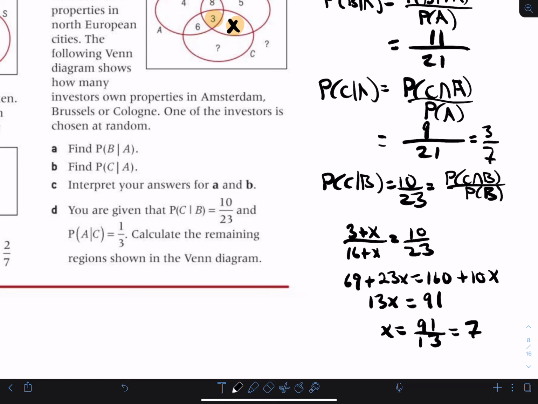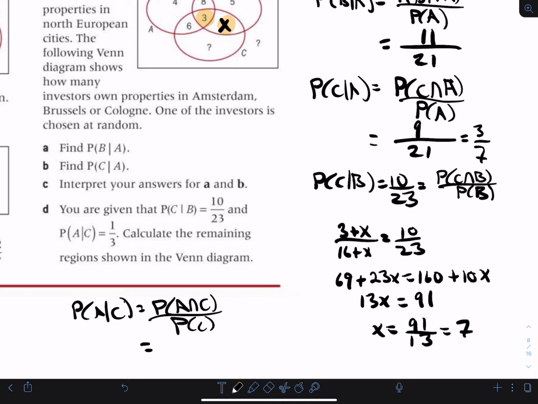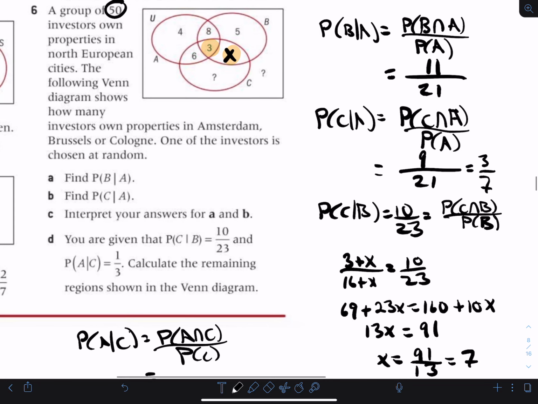And then I can work out with the other bit of information: the probability of A given C is equal to the probability of A and C divided by the probability of C. So let's see if I can solve this now. A and C is 9.